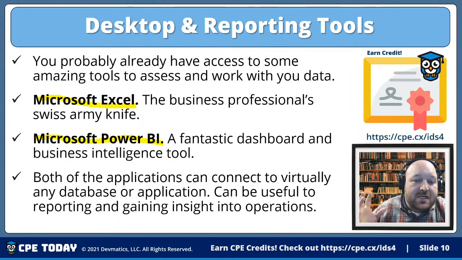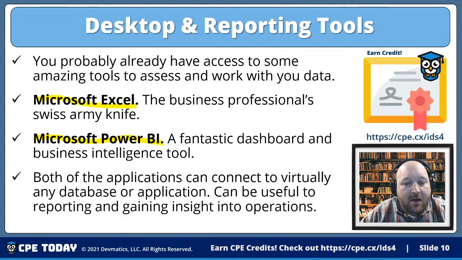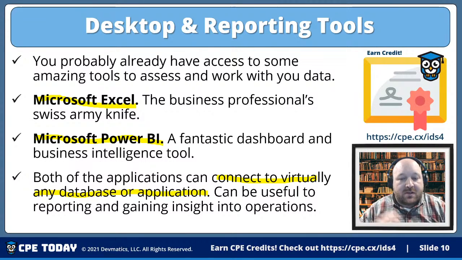Now, the reason these tools specifically are being included in this series is that they allow you to connect to virtually any type of data source. We can connect to databases, we can connect to applications, we can connect to other spreadsheets, we can connect to folders of data, we can connect to the web, we can connect to things over what's called a REST API. We can pull in data from these different sources, mash it all together, and then produce a report that gives us meaningful information.